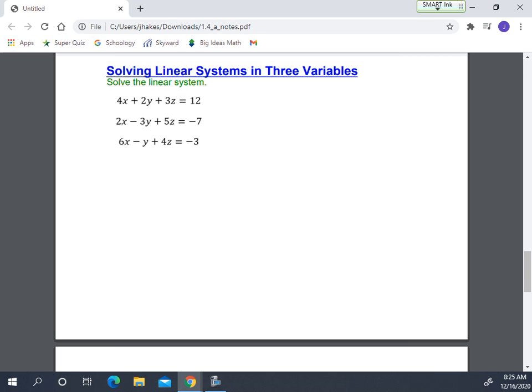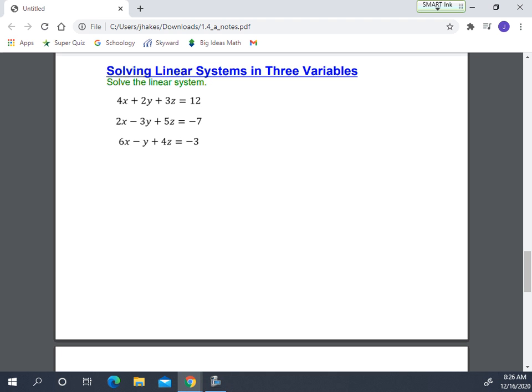Let's start it off. First things first, only start with 2 of these equations. We're trying to eliminate something. Sorry, eliminate might be the wrong word.